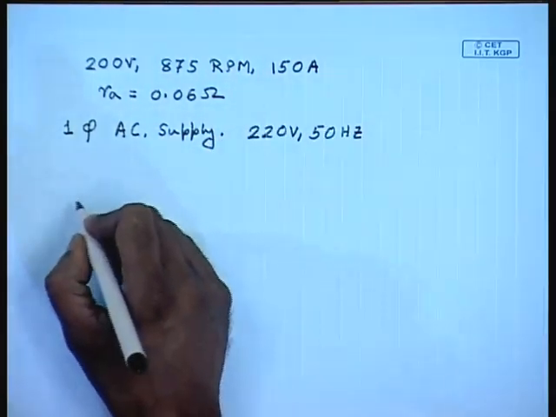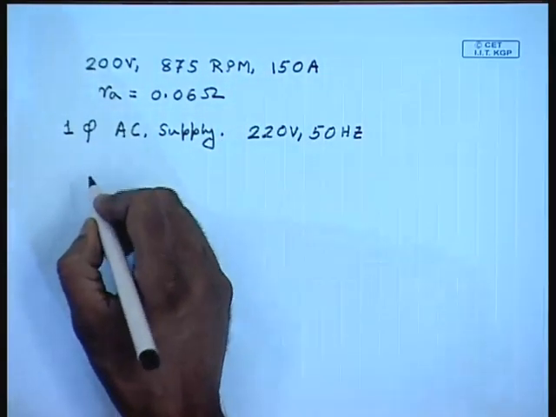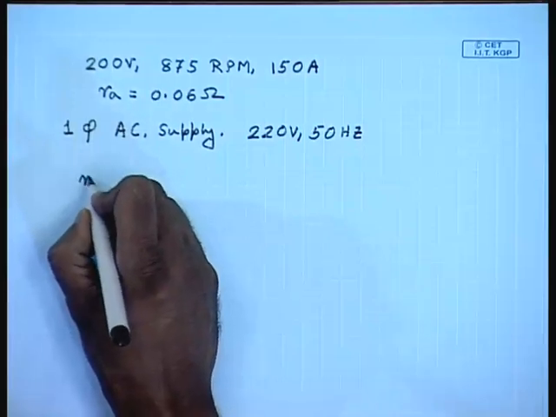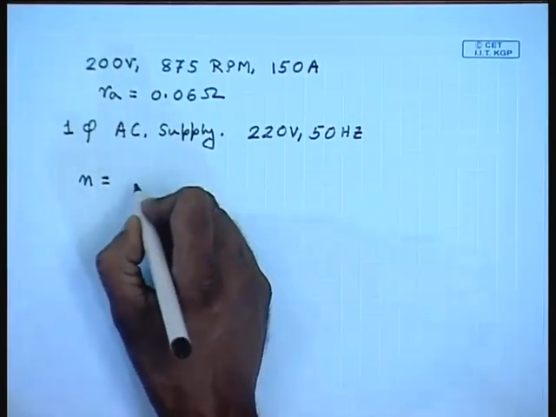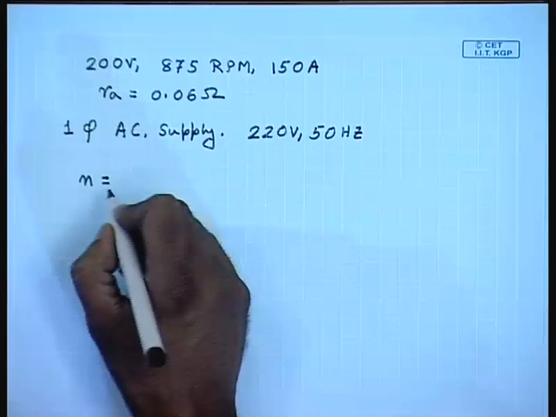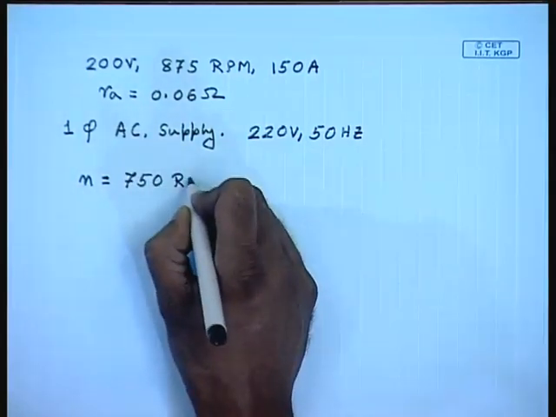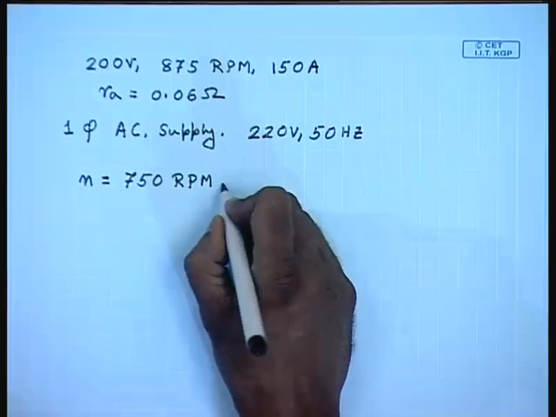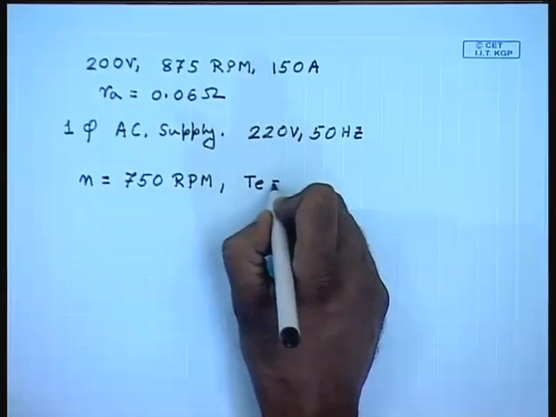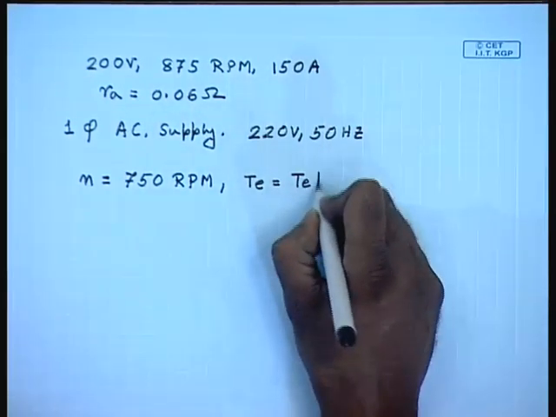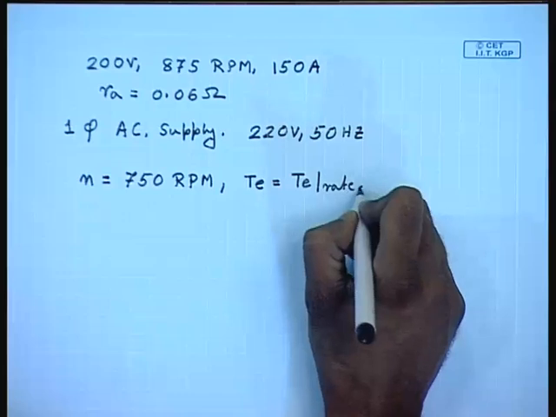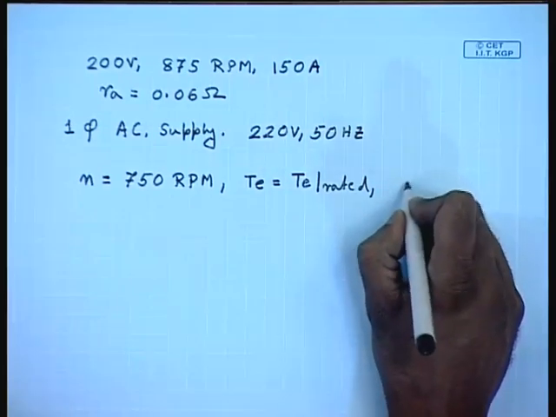Let us say we want to operate the machine at 750 RPM and torque should be equal to TE rated. Find out what should be the firing angle alpha.